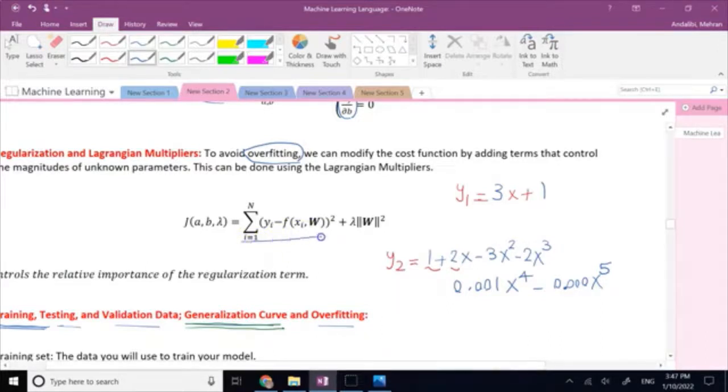Here, in addition to your sum of squared error term, which comes from your data and the weights, you add an extra term which is the norm of the vector w, and this vector w is the vector of unknowns. So in this case, it is going to be the vector formed by these 6 numbers.